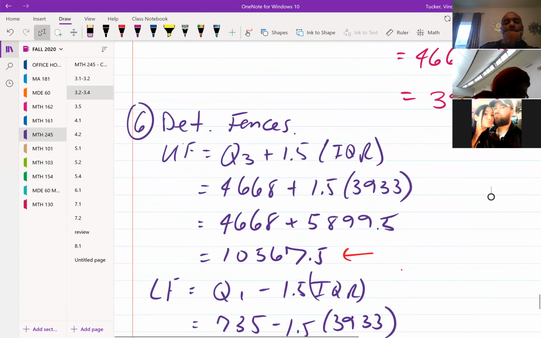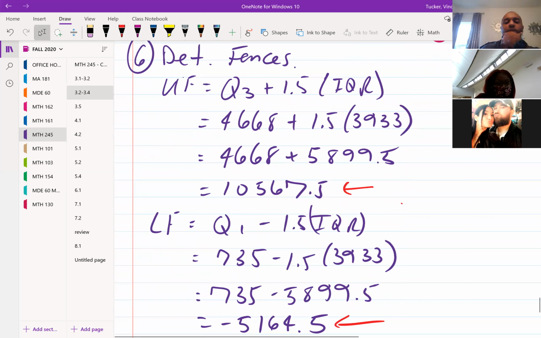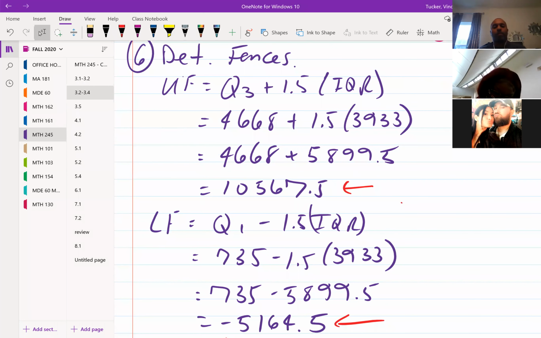Then we do a similar process for the lower fence. Q1 minus 1.5 times the IQR, so it's 735 minus 1.5 times 3933. Ultimately, we'll have negative 5164.5.